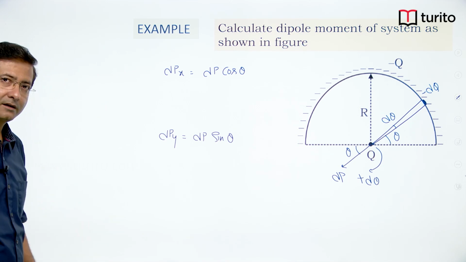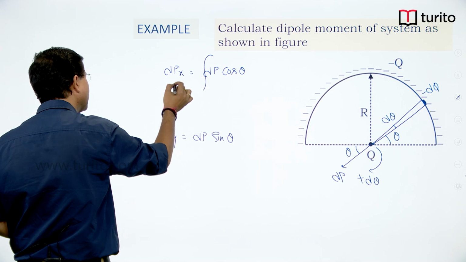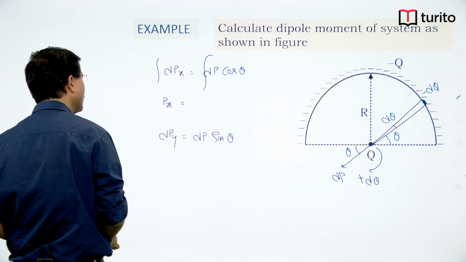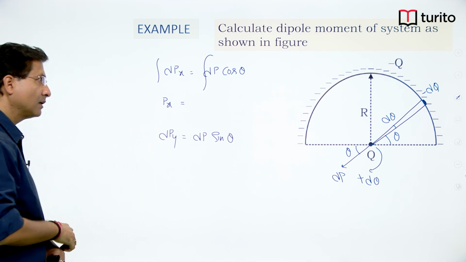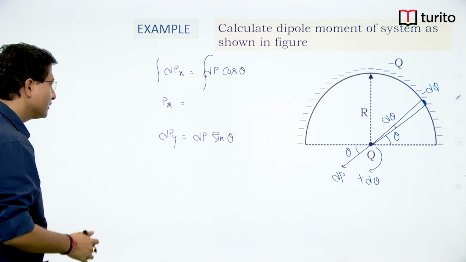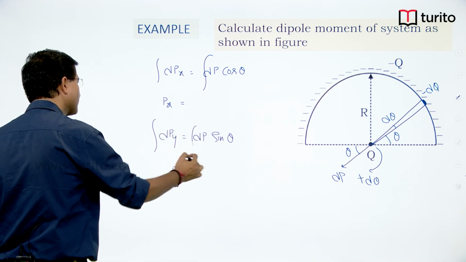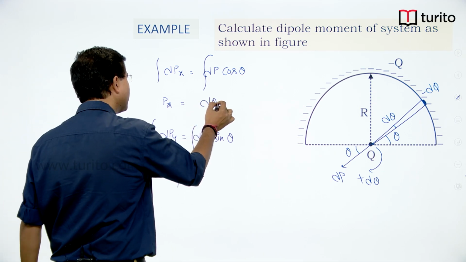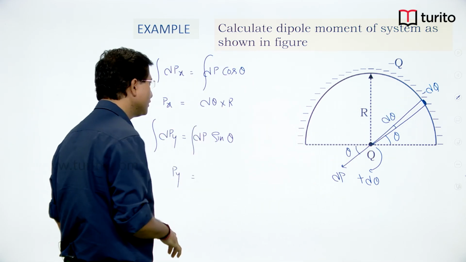If I integrate, then I will get the result. If I integrate, I will get the net dipole moment x component and here I will get the net dipole moment y component. So, dp is what? dq into r, charge into separation.